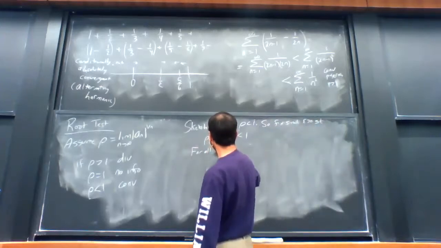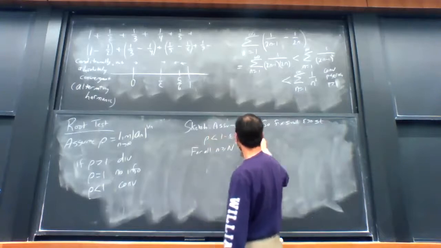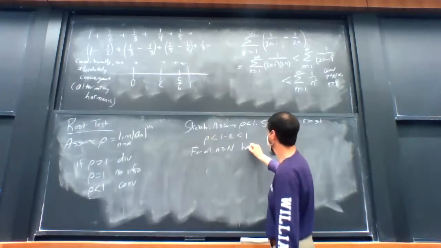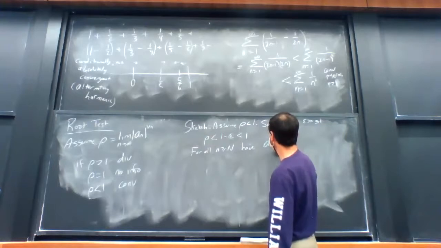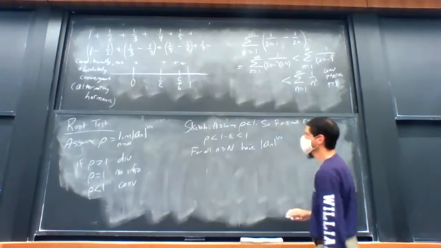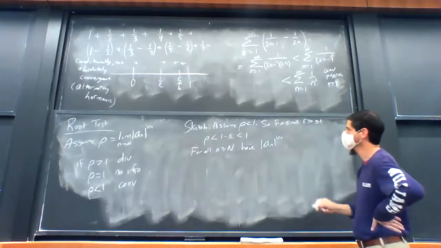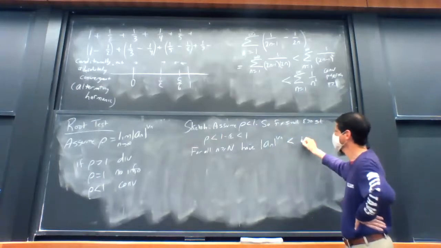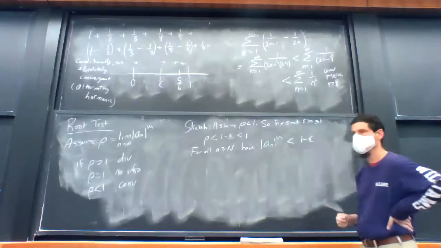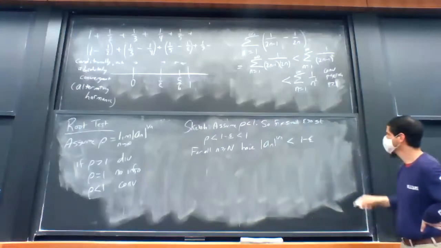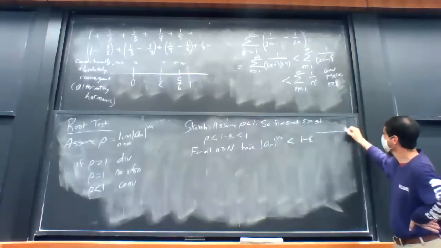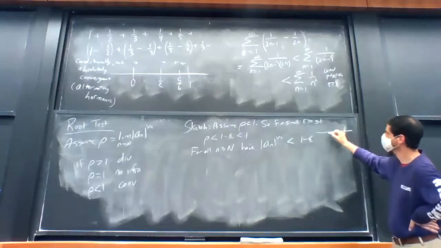For all n greater than or equal to N, we have a_n to the 1 over n is going to be less than 1 minus epsilon. So let's just draw what's going on. Here's 1, here's rho, here's 1 minus epsilon.